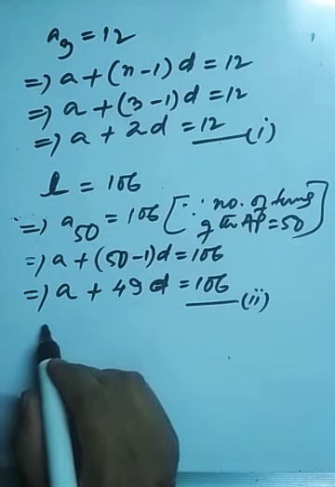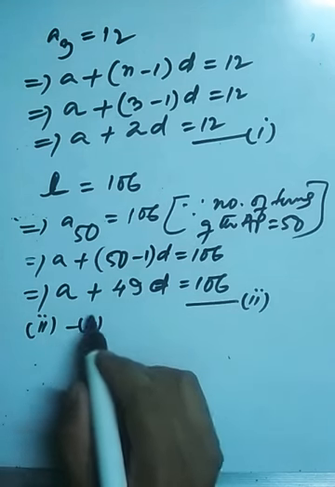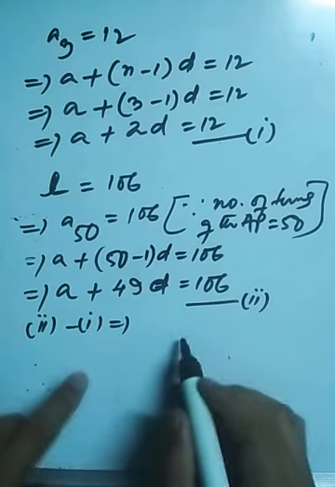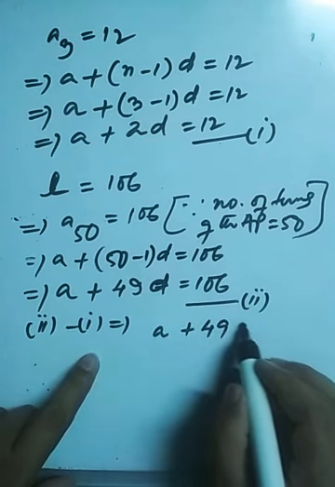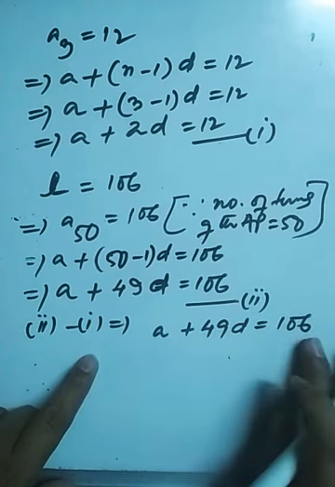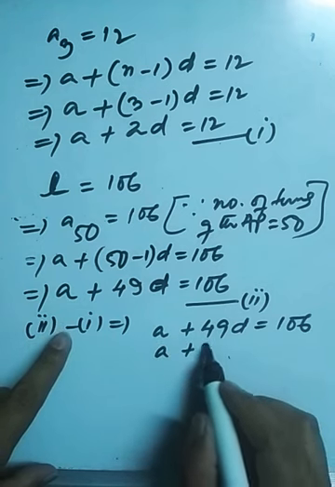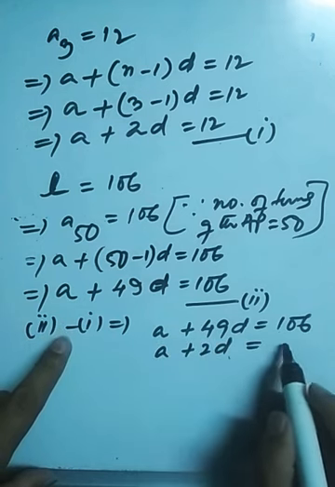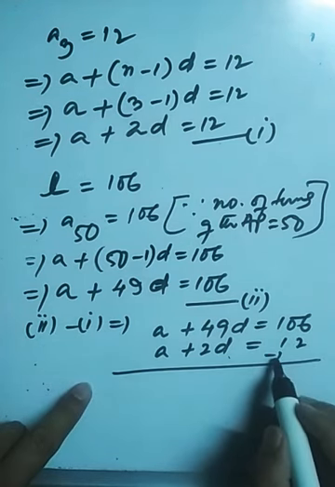So equation 2 minus equation 1, we get A plus 49D equal to 106, and then A plus 2D equal to 12. So we'll cancel now.